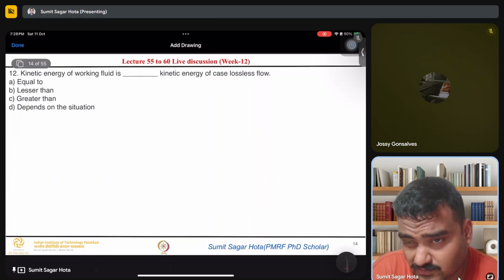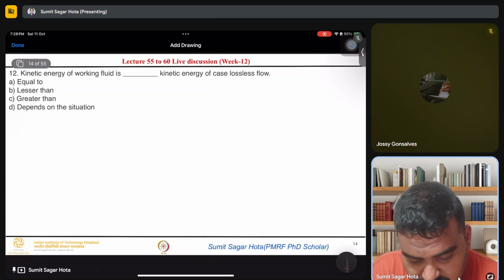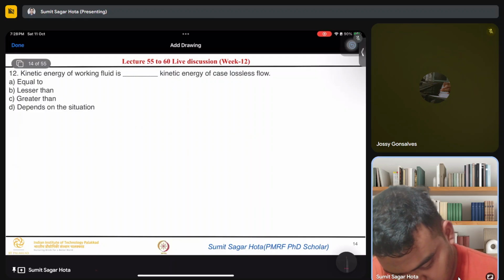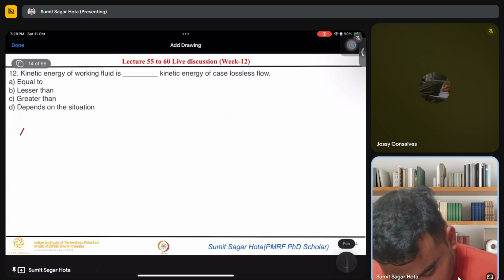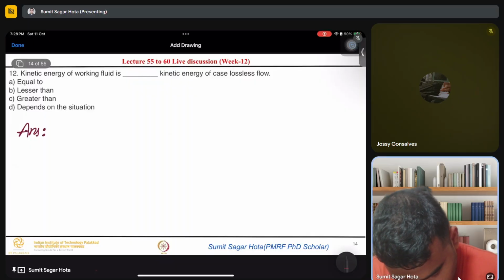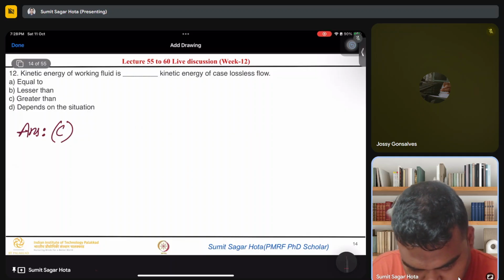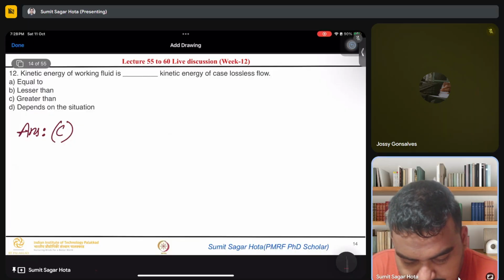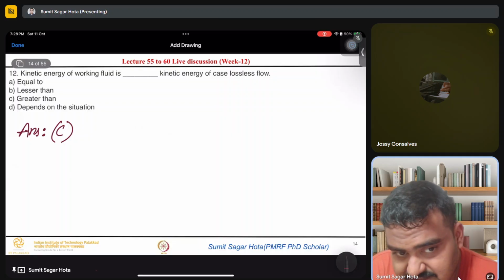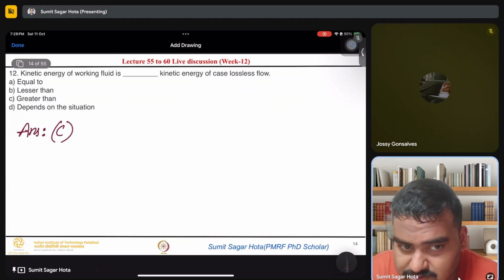So the kinetic energy of the working fluid is greater than that of the lossless flow, because lossless flow means there will be fewer losses. Fewer losses means the kinetic energy head will also be less.